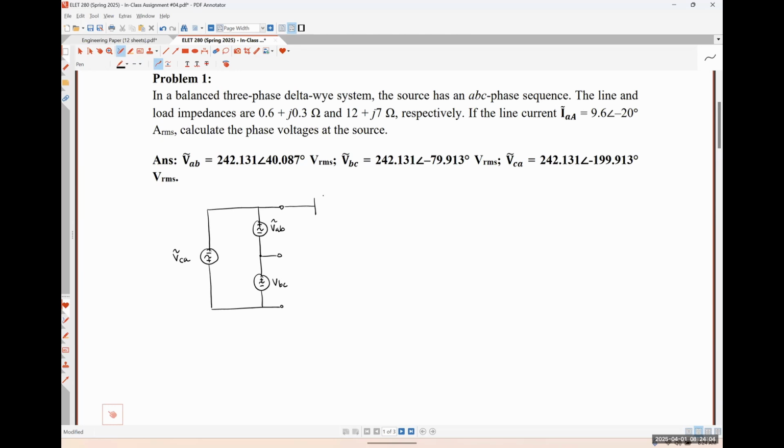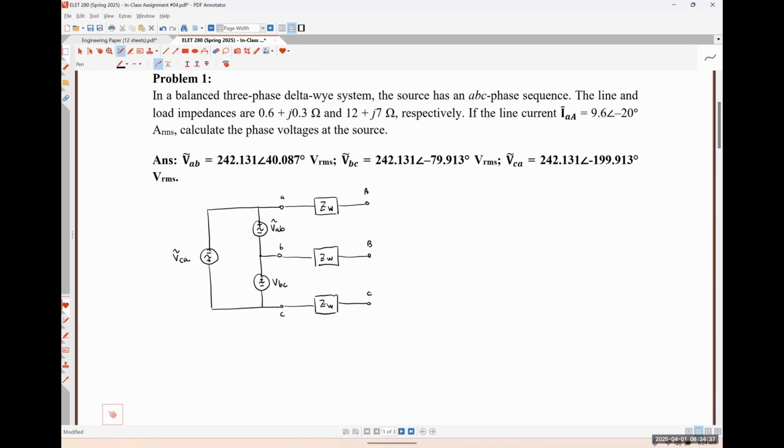Here I have my transmission line impedances, which I'm going to label ZW. Here's my capital A, B, and C terminals.